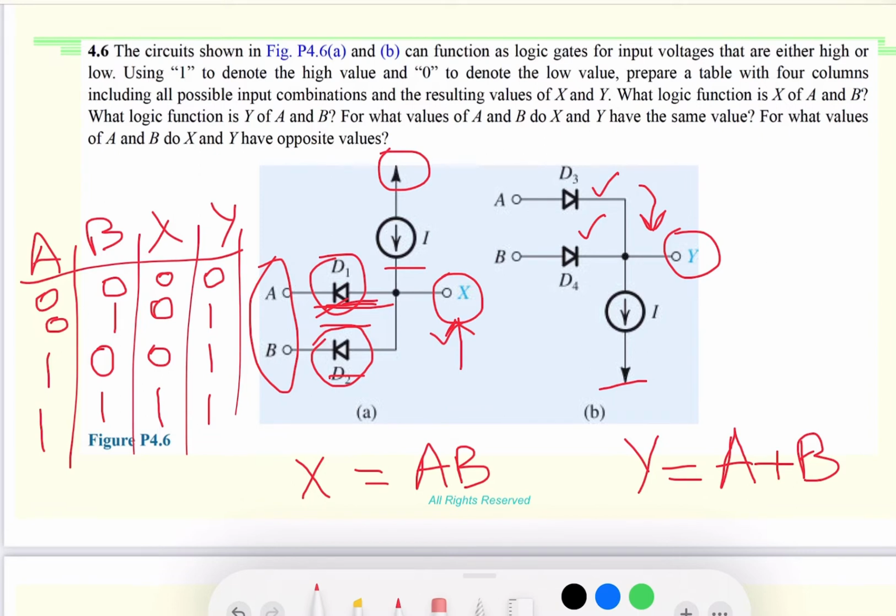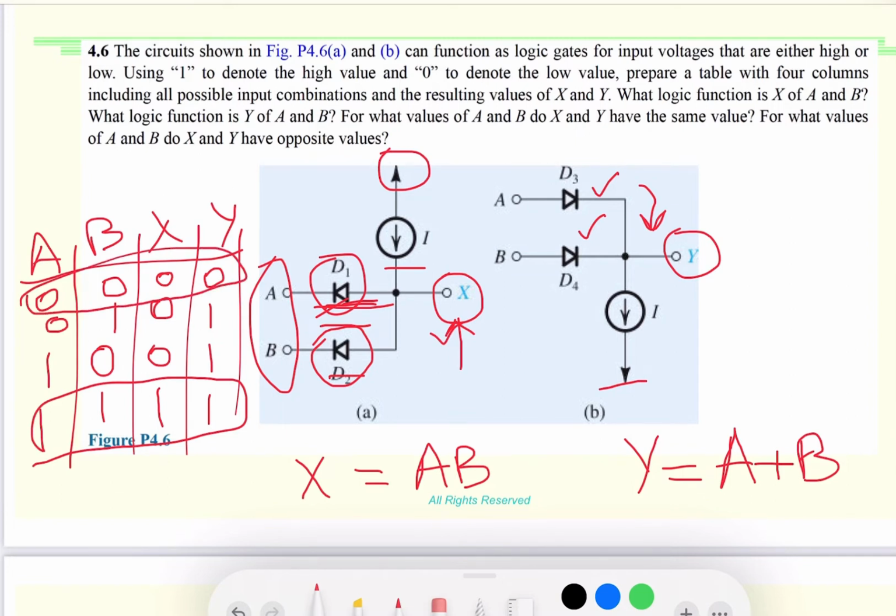The question goes further: what happens if A and B are equal? That would mean X and Y would be the same if A and B are equal, which is these cases, right?